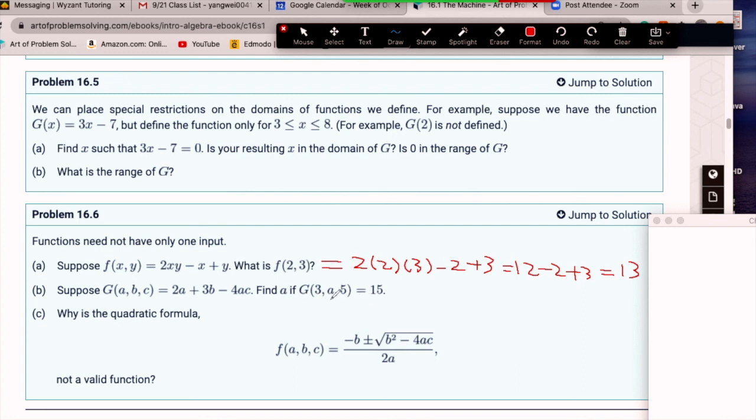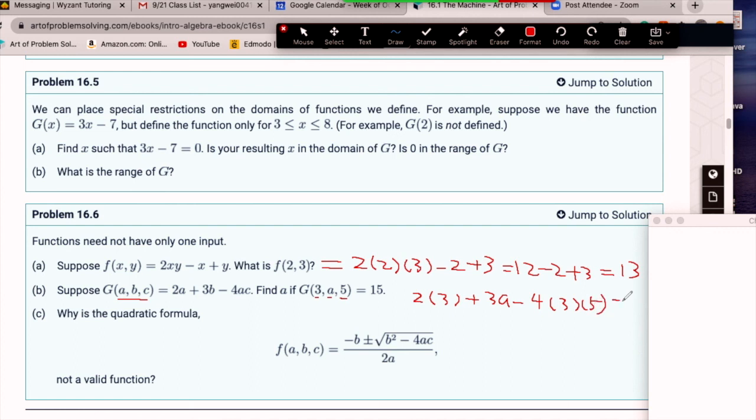So here this variable should be a, which equals 3. This one is b, and b equals a. This one is c, and c equals 5. Based on this function's variables a, b, c, we can get 2 times 3 plus 3 times a, because this variable now is a, then minus 4 times 3 times 5.